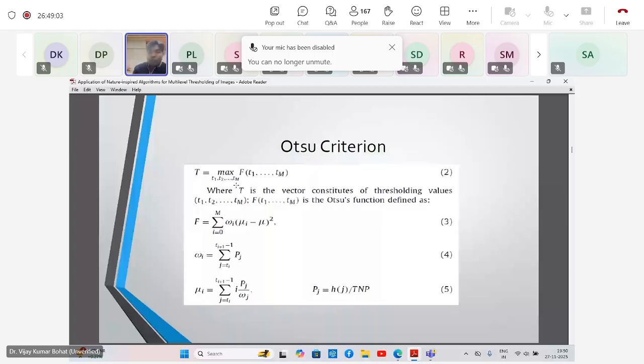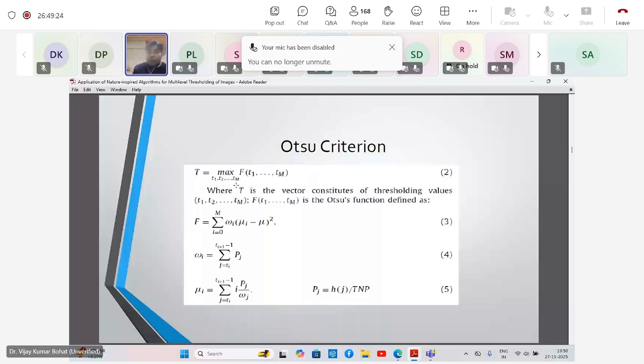We are going to have m+1 classes. The best placement of the thresholds is the one which gives the maximum value of this function, where omega i is the summation of the probabilities of a particular class.